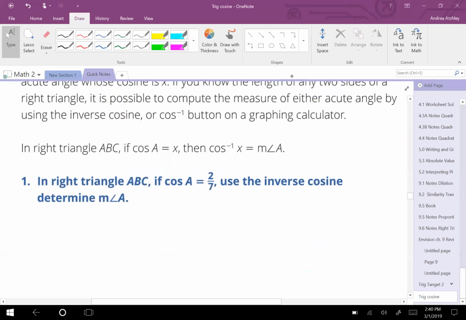Okay, in a triangle, if the cosine of A equals 2 over 7, use the inverse cosine to determine the measure of angle A. So we're going to have the cosine of A is going to equal 2 over 7.